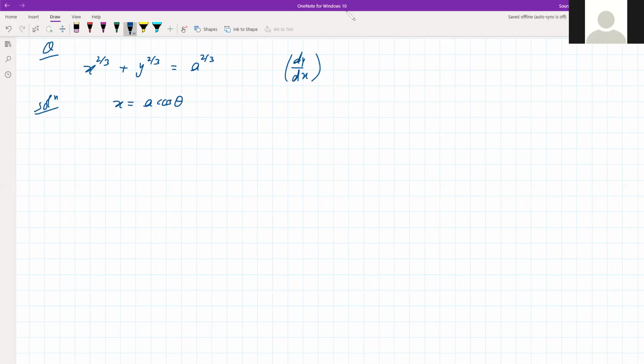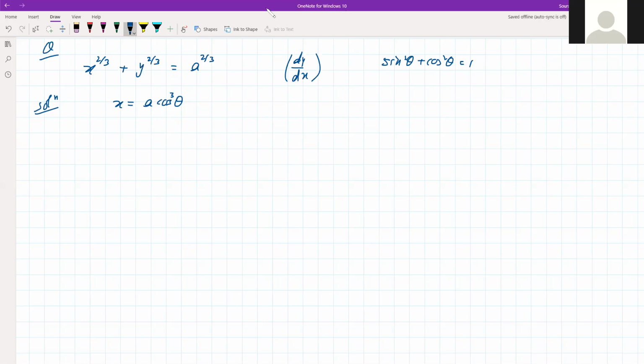This cos theta, right? I want the relation sine square theta plus cos square theta is equal to 1, something similar to that, I won't get here. But if I take it as cube, then you can see x to the power 2 by 3 will become a to the power 2 by 3 into cos square theta. So that is better, right?